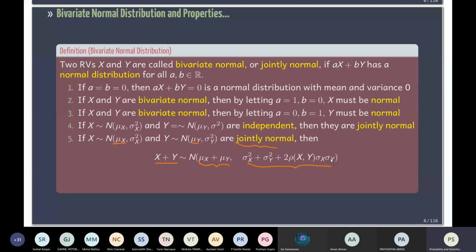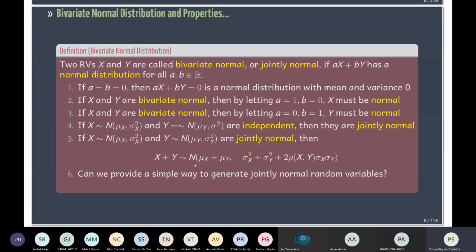So if someone tells you already that x is normal with mean and variance, y is normal with mean and variance, then what could be the distribution of the sum? So this is the fact that we know.